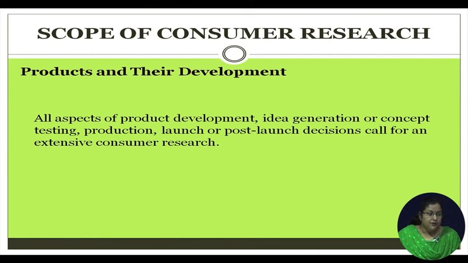So, all aspects of product development like idea generation, concept testing, production, launch, post launch decision call for an extensive consumer research. For example, if you want to develop a new product, your engineers may come up with many kinds of ideas about the product.